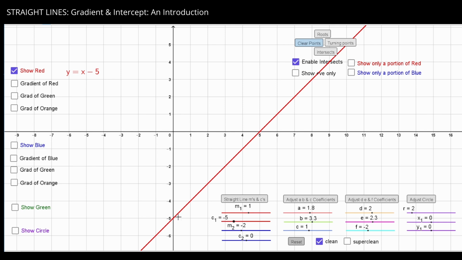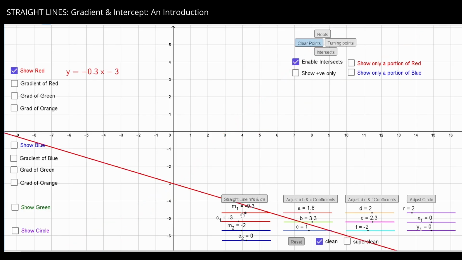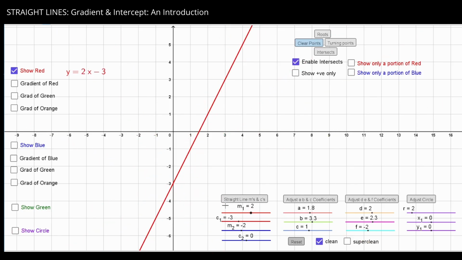Here we have an intercept of -5, and here we have an intercept of -3. And of course, at any one of those points, I can play windmills. So with those two parameters, the gradient and the intercept, I can draw any line on this two-dimensional coordinate system.